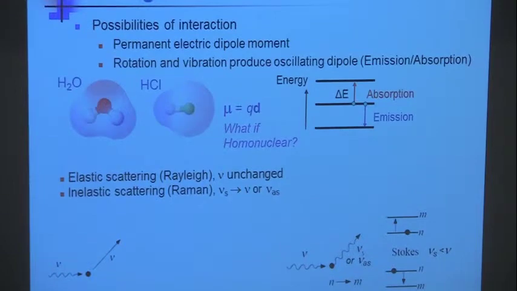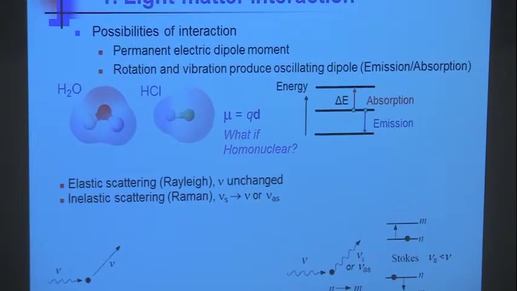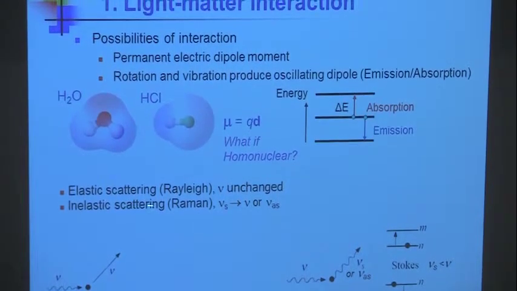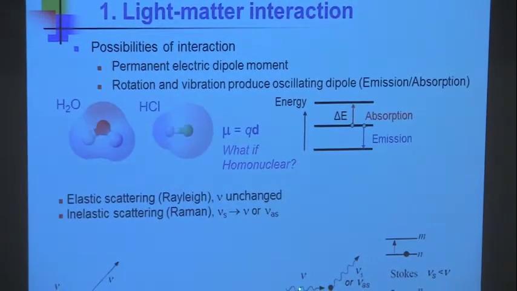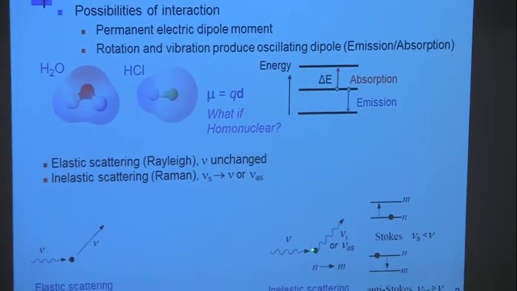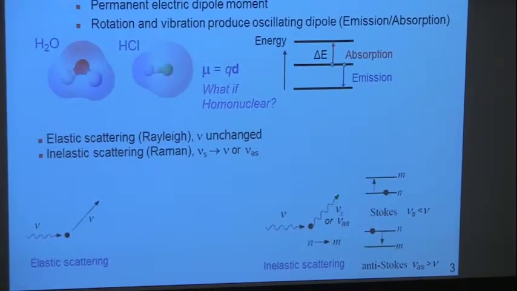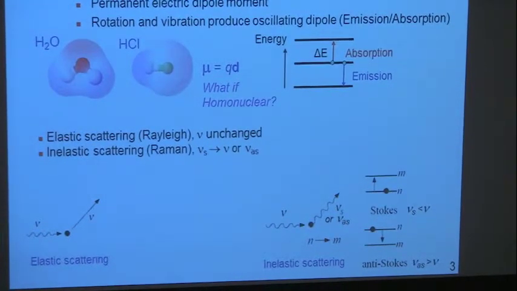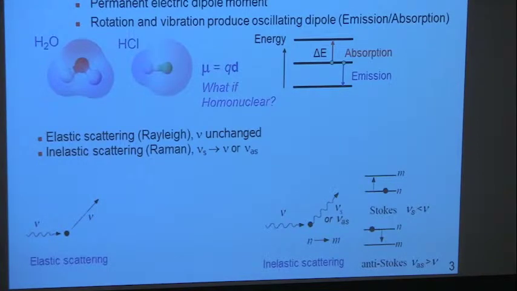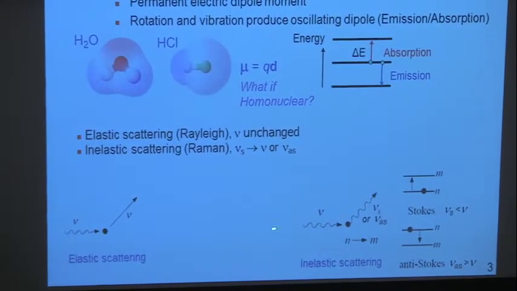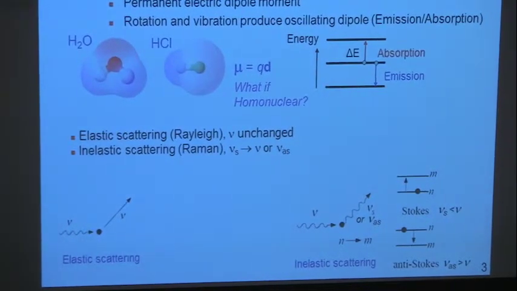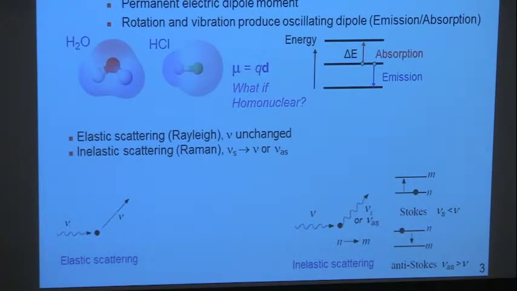But now what are other possibilities? Another possibility is inelastic scattering. In inelastic scattering, shown down here, this incident frequency is converted to nu sub s, or nu sub as. And so it's possible by a weak process, called the Raman process, that this incident photon will be changed into emission of photons of 2 different candidate frequencies.